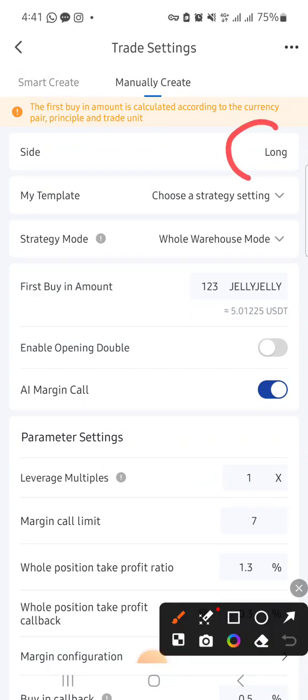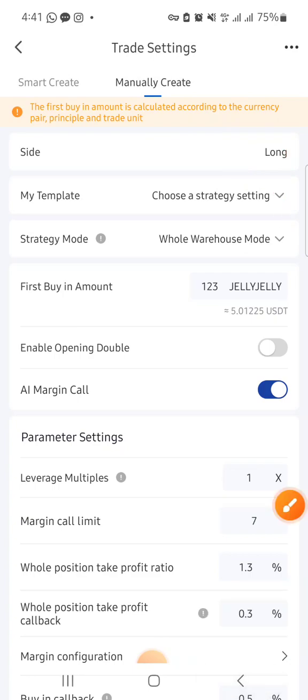Then the very first thing you need to do is to choose your strategy setting. Just like spot as well, you would have already set your strategy manually. So you come to this arrow and you click on the arrow to get your settings.